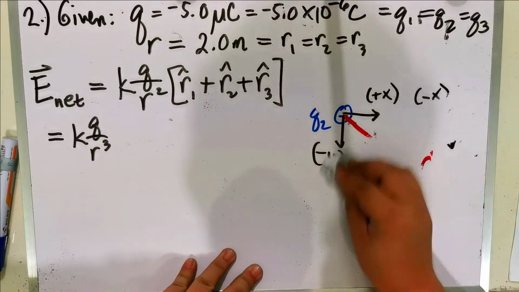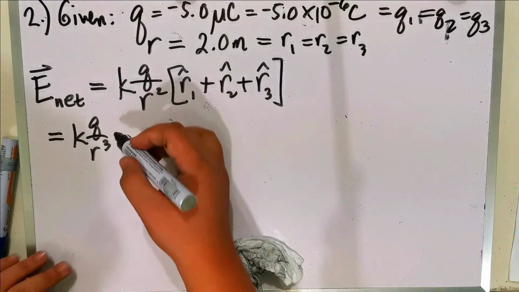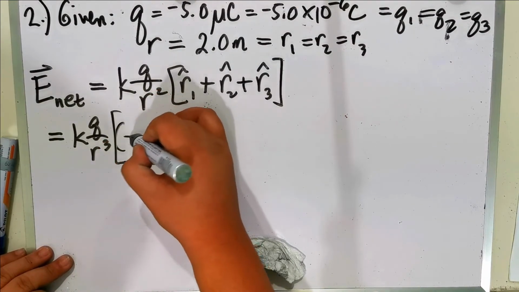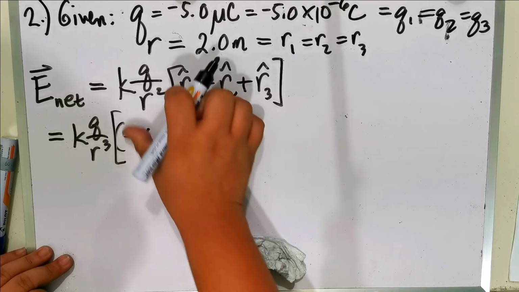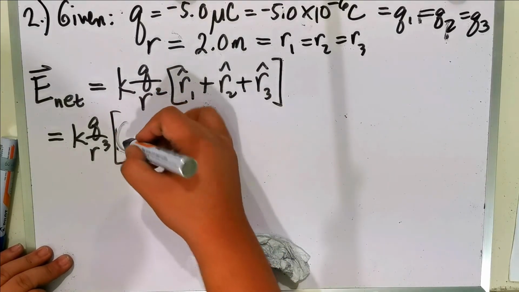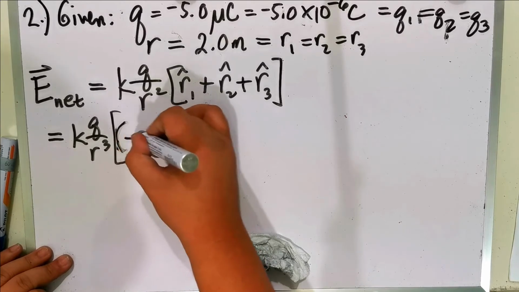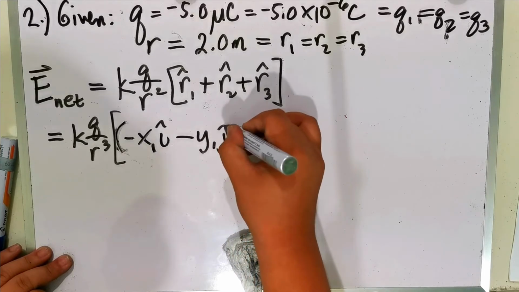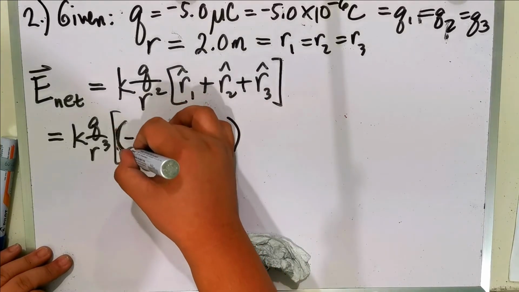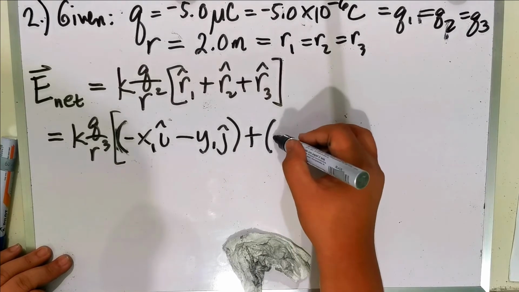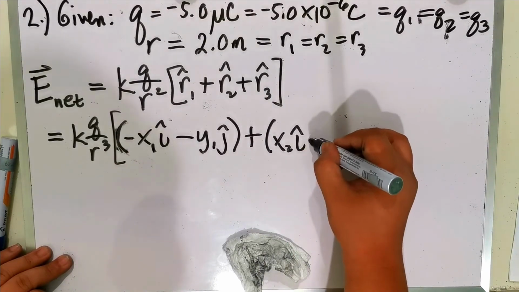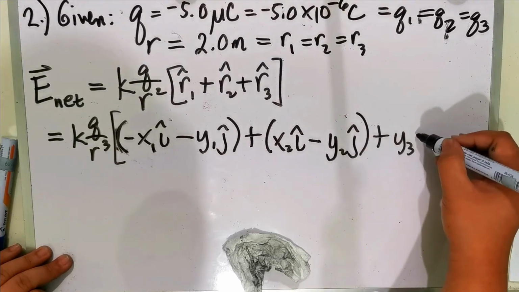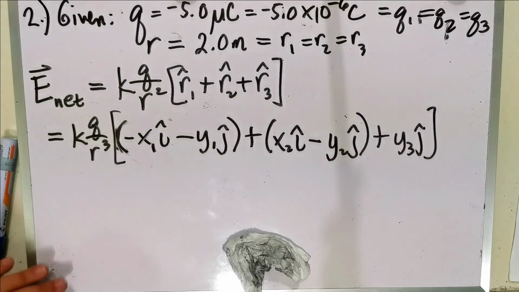So, based on ato niha, ang ato ang terms nga mabilin is you have negative x1 I hat minus y1 j hat, and then for r2 that would be x2 I hat minus y2 j hat, and then plus y3 j hat. So this is now our equation.